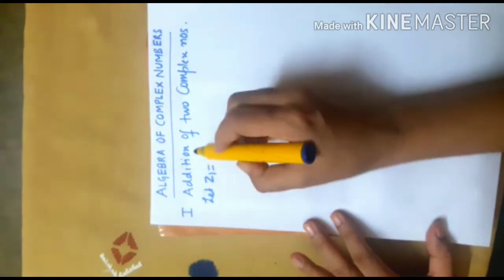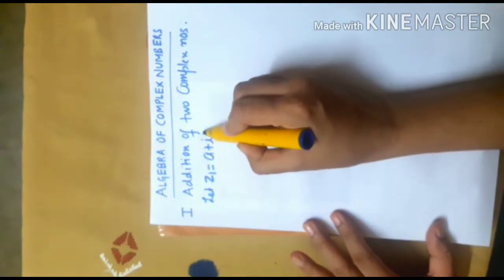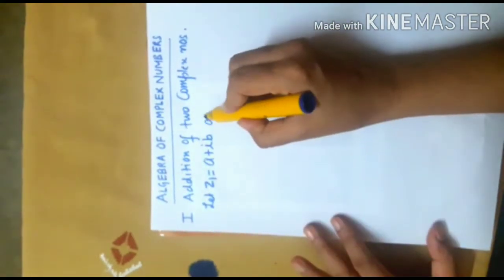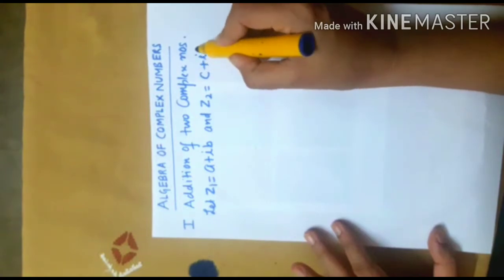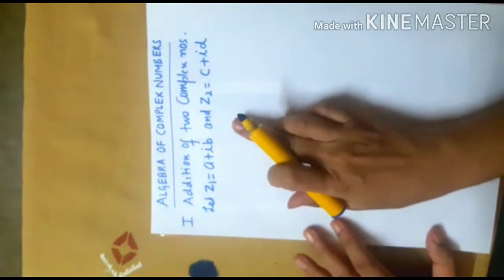Let z1 be equal to a plus iota b and z2 be c plus iota d, be two complex numbers.